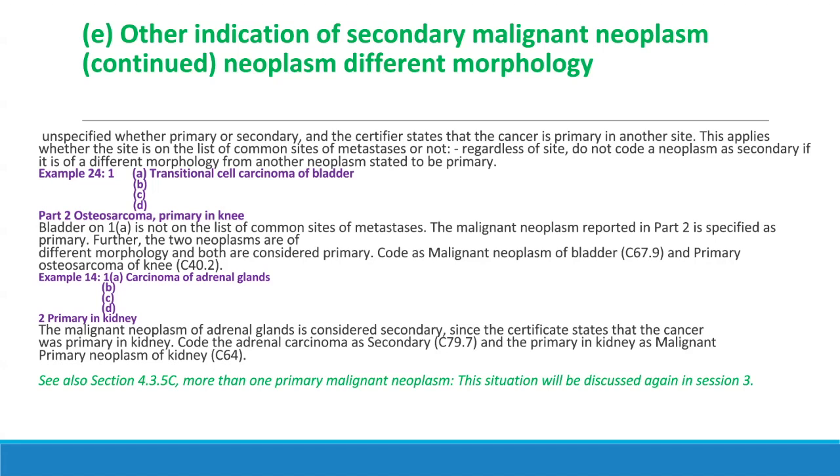Conversely, carcinoma of the adrenal gland is coded as secondary, C79.7, because it is specified that the primary cancer is in the kidney, C64, indicating that the adrenal gland tumor is a metastasis from the kidney.